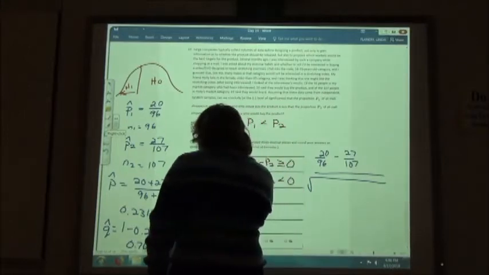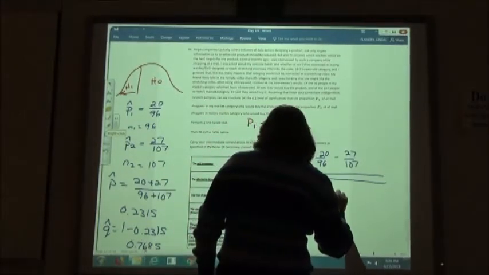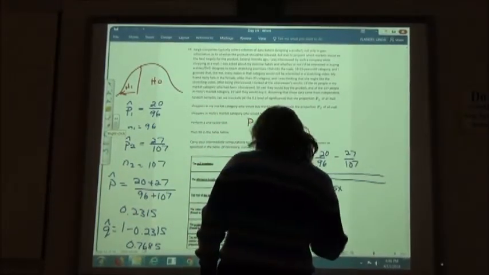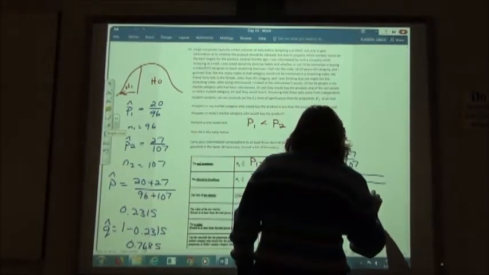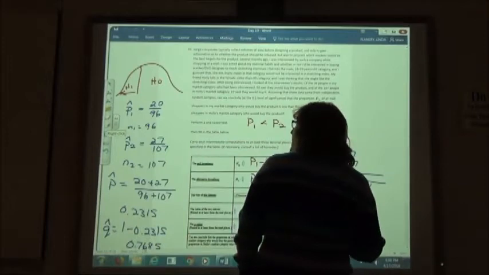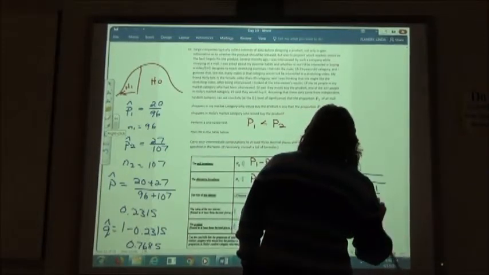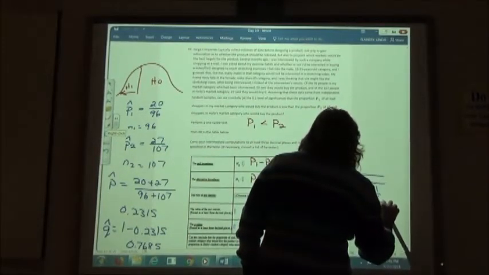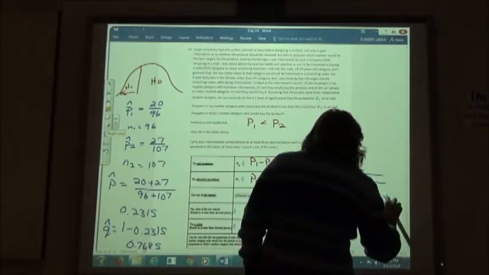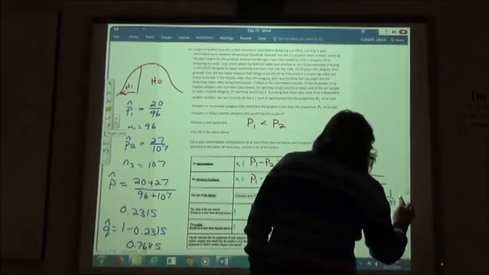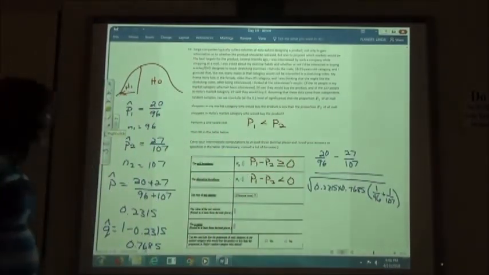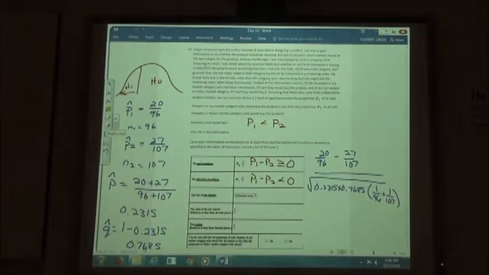I'm going to take my p-value, 0.2315, times my q-value, 0.7685, and then in parentheses, 1 over N1, which is how many I had in sample 1, plus 1 over N2, and I had 107 in my sample 2. So 1 over 96 plus 1 over 107.